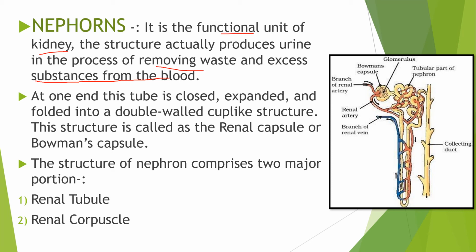At one end, this tube is closed, expanded, and folded into a double-walled cup-like structure. The structure is the renal capsule or Bowman's capsule. You can see it in the diagram here. This diagram is important.